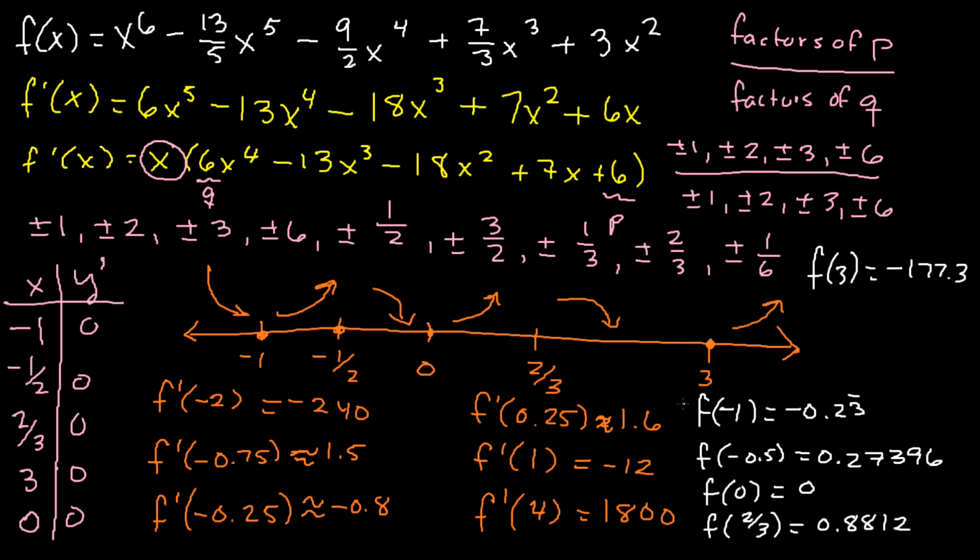Now, we know that this is going to be a minimum, so we're going to be comparing this guy with 0, which is 0, and then with 3, which is this guy. Well, this guy beat him by a lot, so this guy is going to be my absolute minimum.